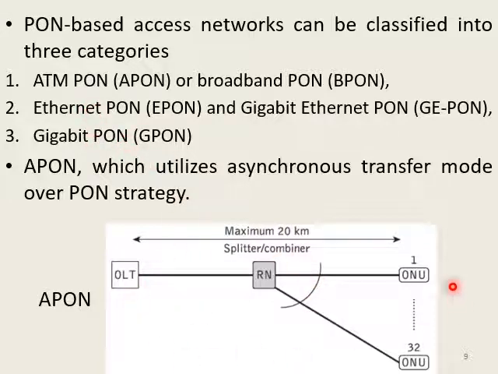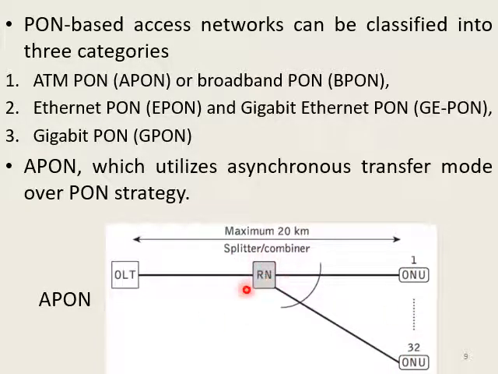So APON means ATM is used over the PON strategy. I discussed the PON strategy, and we also discussed ATM earlier. Using ATM over PON provides the APON structure. On the output side, a 1 cross 32 splitter is required here.